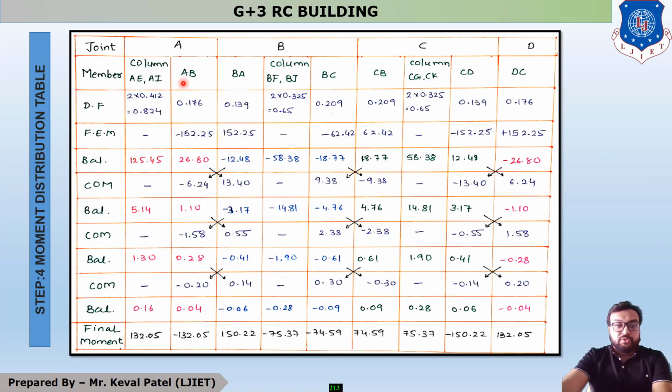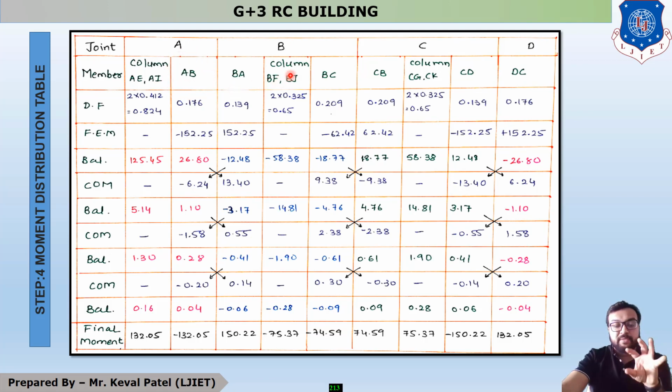For A, B, C, D, there are 3 members coming from A: 2 columns and 1 beam. The 2 columns, named AE and AI, are merged. The beam is AB.